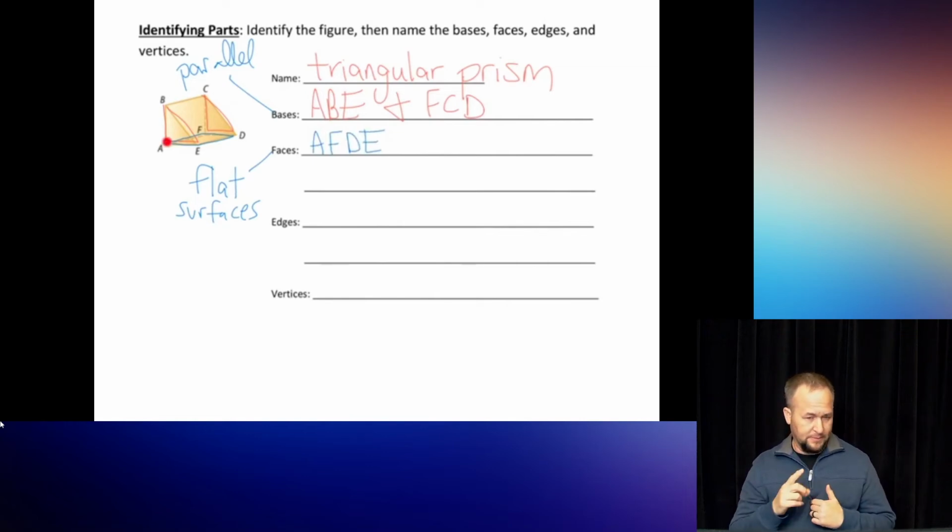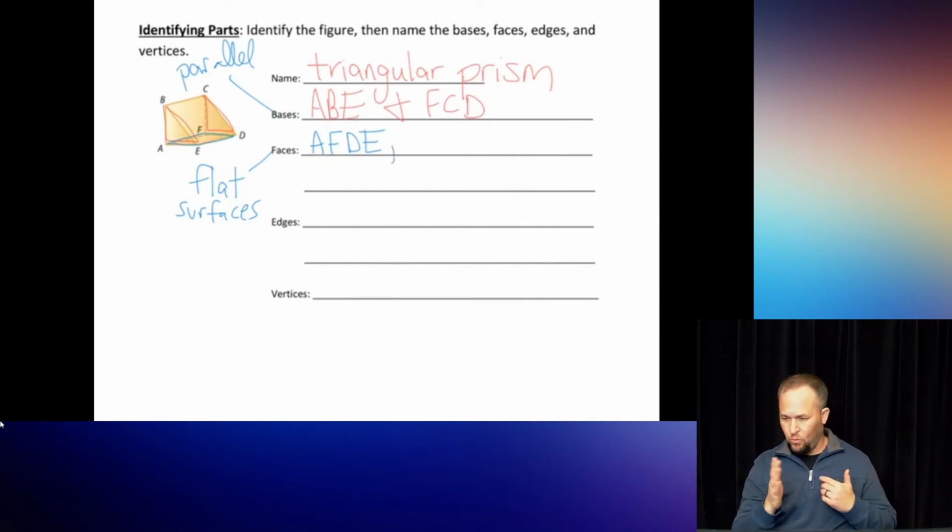I could have also said A, E, D, F. Or I could have started with D, F, A, E. I cannot write D, A, E, F, because the D is not actually connected to the A on the shape. So when you list it out, list them in the order that they're connected.